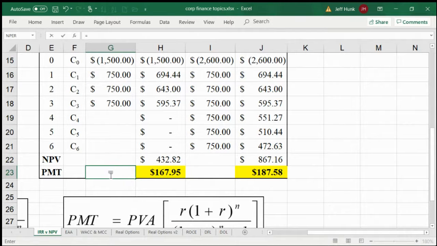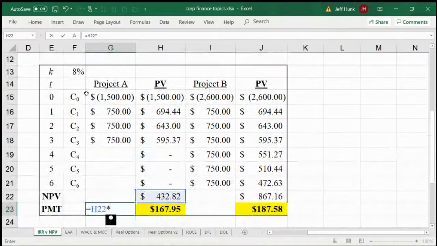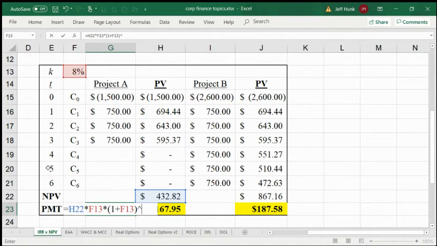So if we use the formula, then it is PVA times R times (1 plus R) raised to n, divided by an open parenthesis and open parenthesis, (1 plus R) raised to n minus 1, close parenthesis.